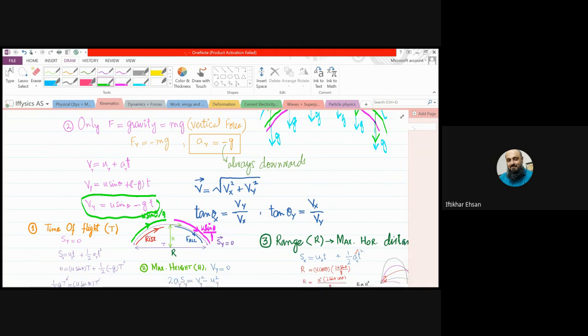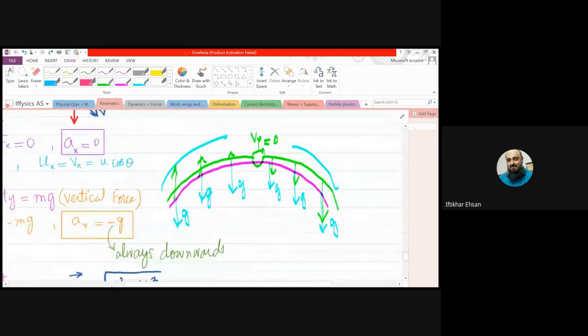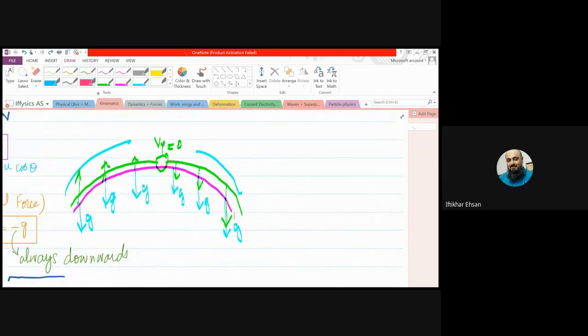So beta, a very important formula, that will be coming in many questions, is this. If it is asked, what will be the velocity at any point? Like it could say, what is the net velocity at this point? So it will have a horizontal component and a vertical component.